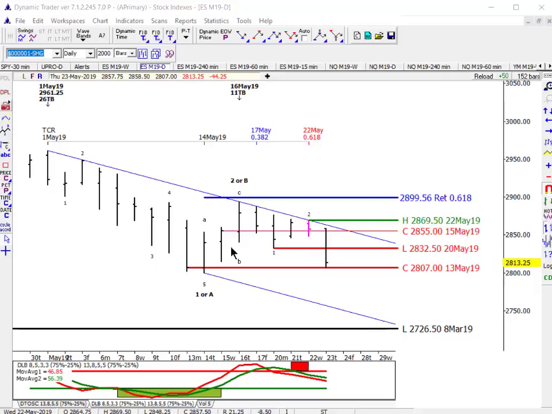Pretty simple stuff. Wave 1 or A, an impulsive decline, then an ABC wave 2 or B correction. Eventually we should continue to below the wave 1 or A low, and that's what we've done. And as I wrote to our regular DT Report subscribers yesterday, following yesterday's double inside day, we were probably looking for a pretty serious pop out of this narrow range period.